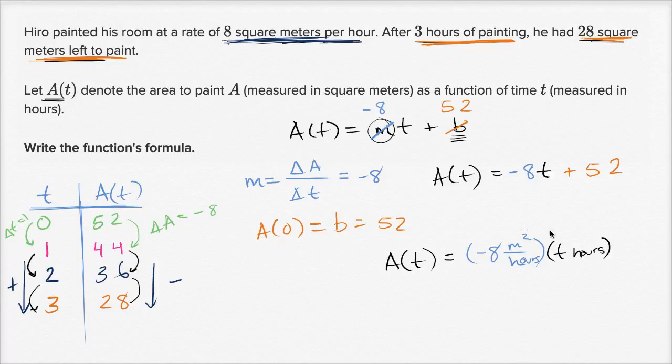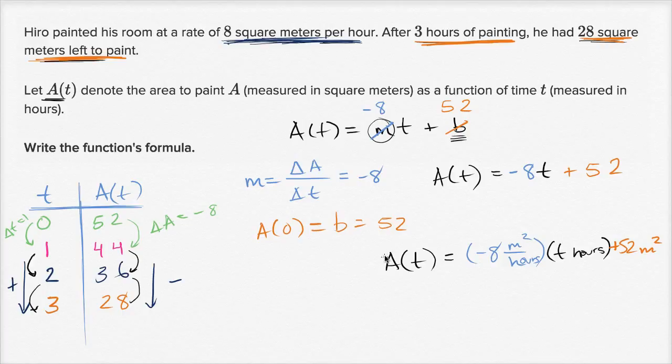You see hours divided by hours cancels out. You'd just be left with negative 8t square meters plus 52 square meters. And so A of t is going to be given to you in square meters.